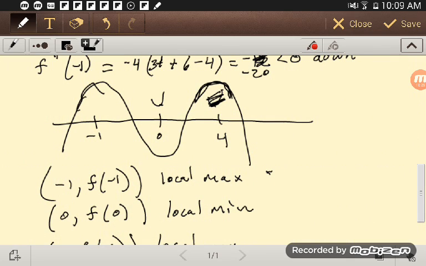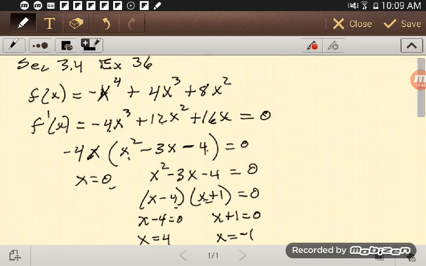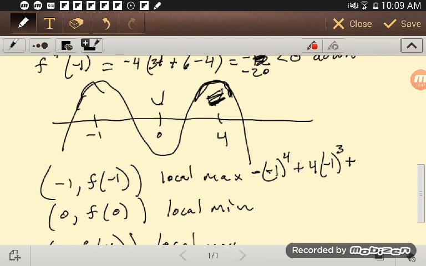Now, f of negative 1, that was, I think, negative 1 to the 4th, but a negative on that, plus 4 times negative 1 cubed, and then plus, I think it was 8. Yes, 8 times negative 1 squared.